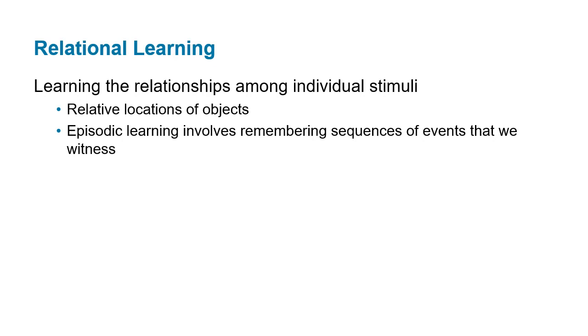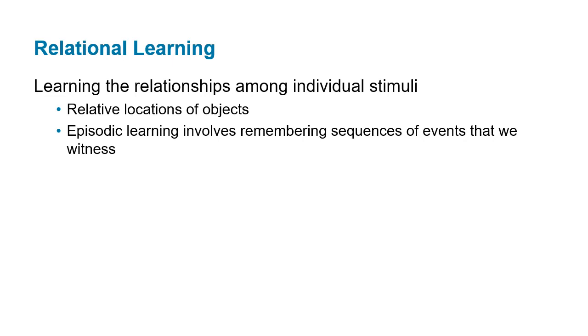Before we get to that, let's talk about relational learning, and that's the last one of the learnings. Relational learning is essentially looking at the relationship amongst the stimuli. So when we're looking at things like the different systems of learning working together.